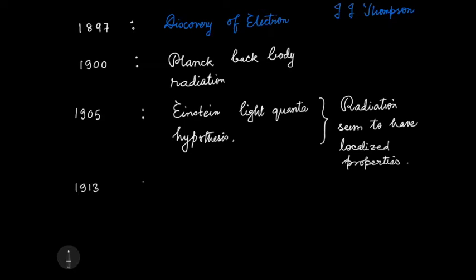1913, so I still keep it in white because, so this is Bohr atomic model, Niels Bohr atomic model. There he explains the spectral lines that one sees from hydrogen and other elements, why there is spectra emitted only at a given frequency but not at all frequencies.